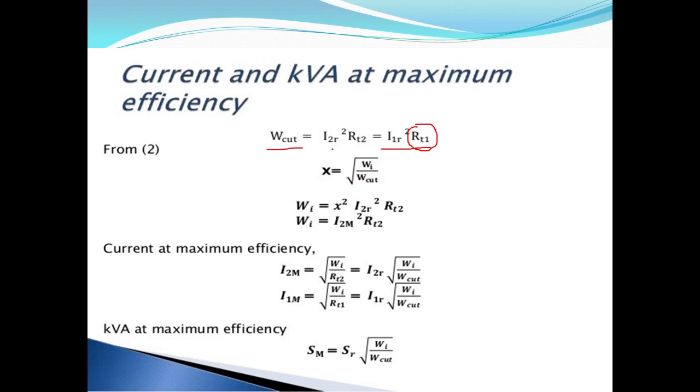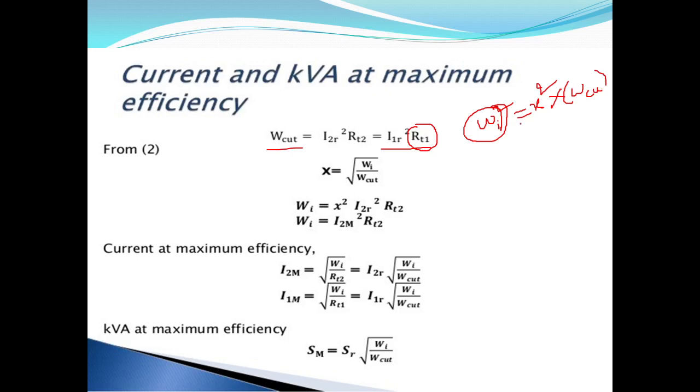We already derived that Wi, the iron losses, is equal to x square into the copper losses.